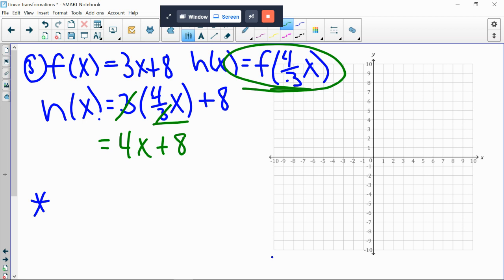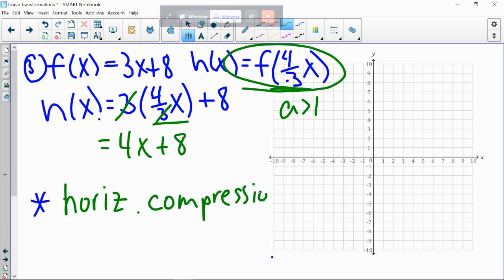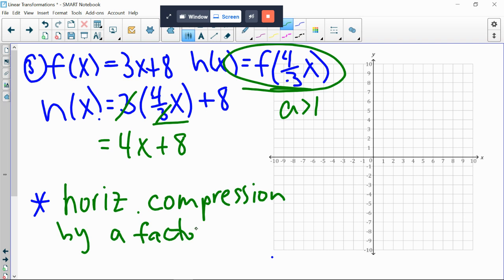So this would be a horizontal. Since 4/3 is bigger than 1, this would be a horizontal compression. What'd you say the factor was? Yeah, that's the reciprocal. So by a factor of 3/4.